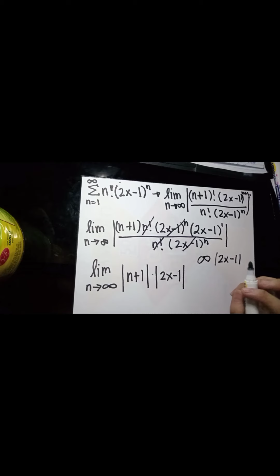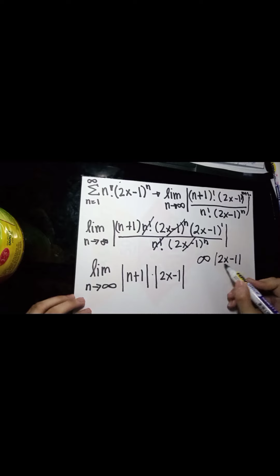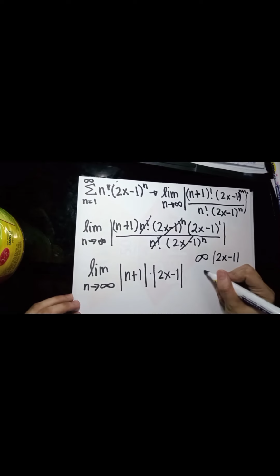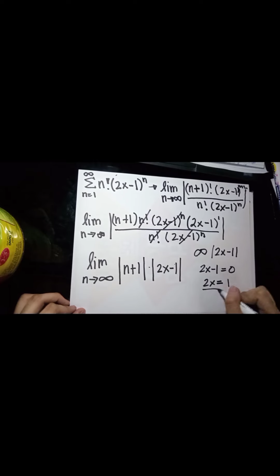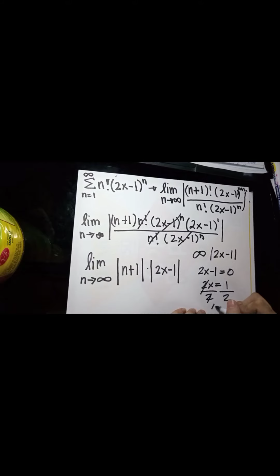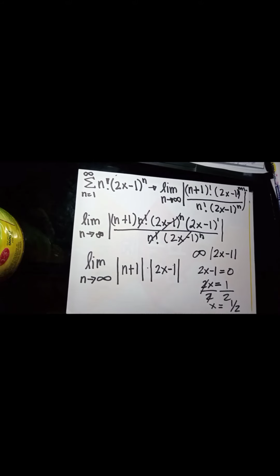We need to set the inside equal to 0. So 2x minus 1 is equal to 0, so 2x equals 1, so x equals 1/2, or c is equal to 1/2.